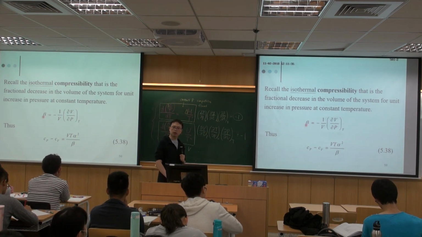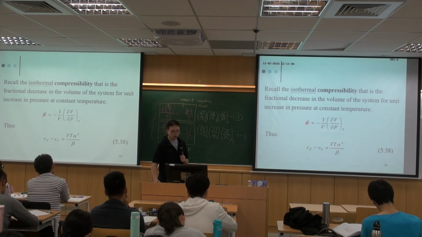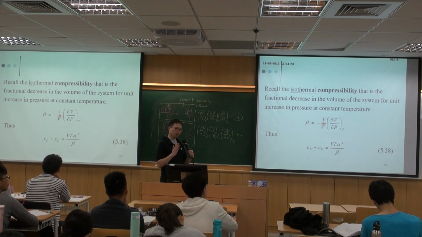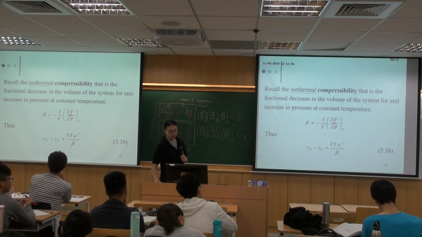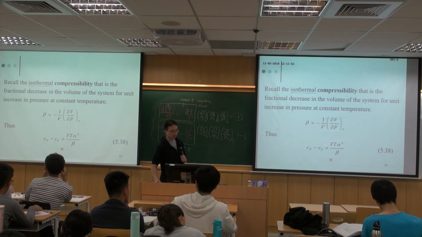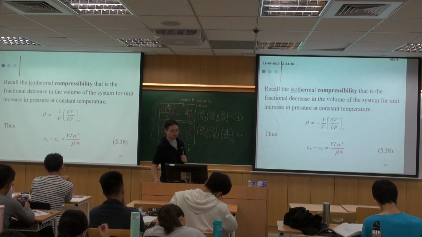This is also shown in, I think, chapter 2, at the very beginning of this book. So it is the compressibility of the material. In the end, you'll have an expression you can simplify into a very simple form. It's V times T, and you have alpha squared over beta.